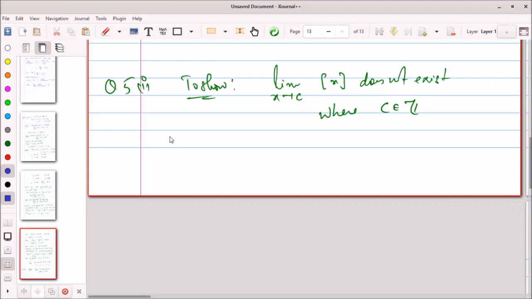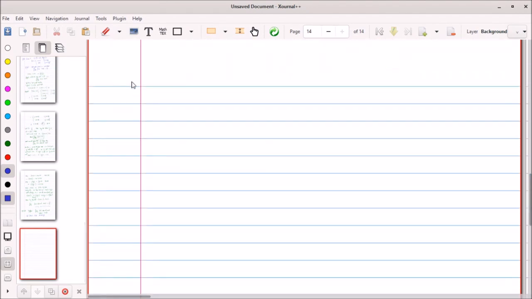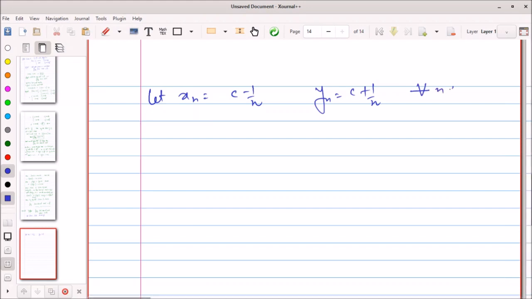For this we will take two sequences. Let f(x) equal to the greatest integer of x for all x belonging to R. Let xn equal to c minus 1 by n and yn equal to c plus 1 by n for all n belonging to N. Then f(xn) is equal to c minus 1 and f(yn) is equal to c for all n.